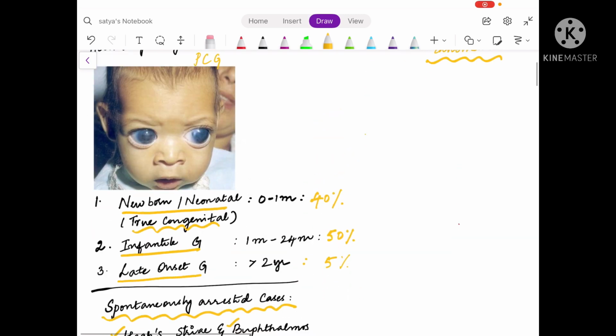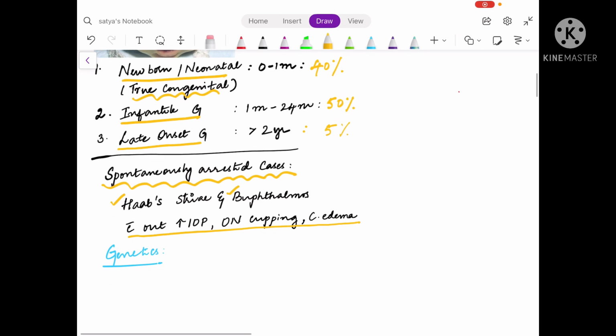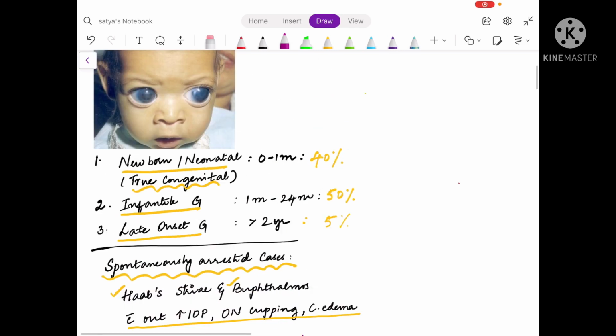Now the genetics of these primary congenital glaucomas. These are mostly sporadic, and few cases are inherited through families. The mode of inheritance here is autosomal recessive, but the inherited forms are rare. They constitute about 10%. Sporadic cases are 90%.